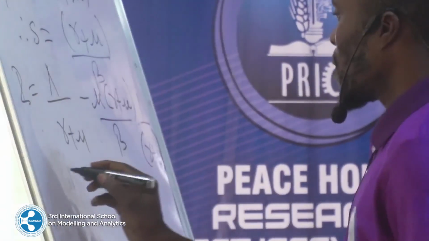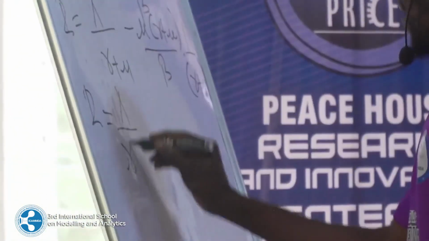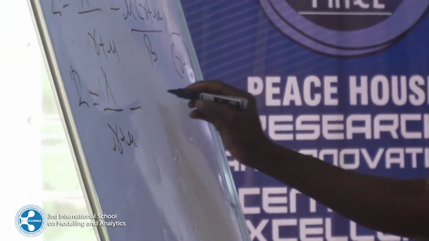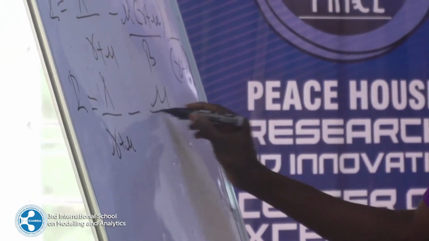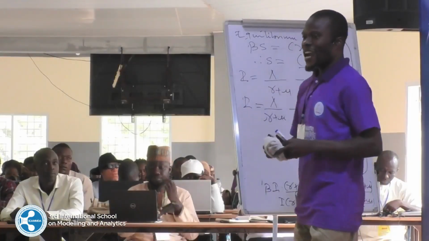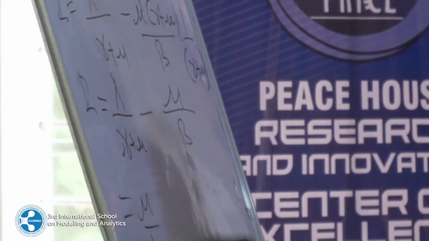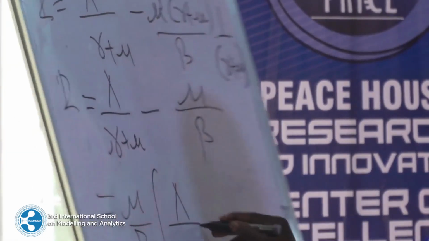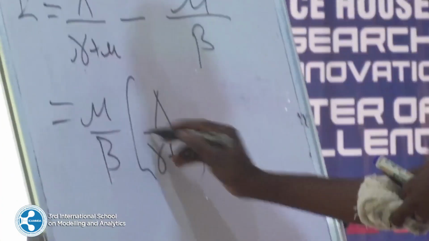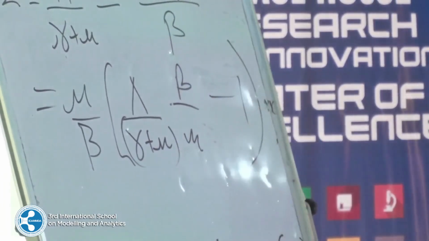If I'm correct, I will have I equals lambda over gamma plus mu minus mu over beta. And you said my I must be positive. Okay? I can simplify this further to mean I have mu over beta into bracket lambda over gamma plus mu times beta over mu minus 1. Is that correct?